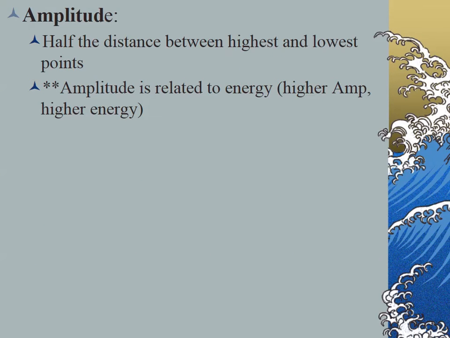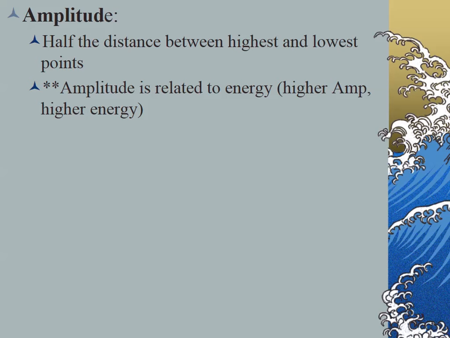Amplitude. Again, we already talked about it. It's half the distance between the highest and lowest points, so that kind of tells us how to find the wavelength, a compression wave, and technically a transverse wave. It is related to energy. More amplitude means you will have more energy in that wave. It's a greater intensity.